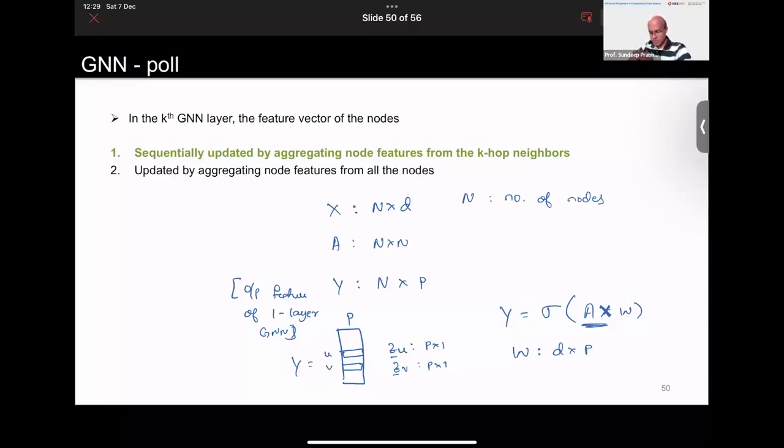What we are expecting at the first layer with an appropriate learnable W is a feature matrix Y, which is n times p, which means that for nodes U and V, the feature should be a p-dimensional feature vector. Whatever downstream task we have, we work with these features.